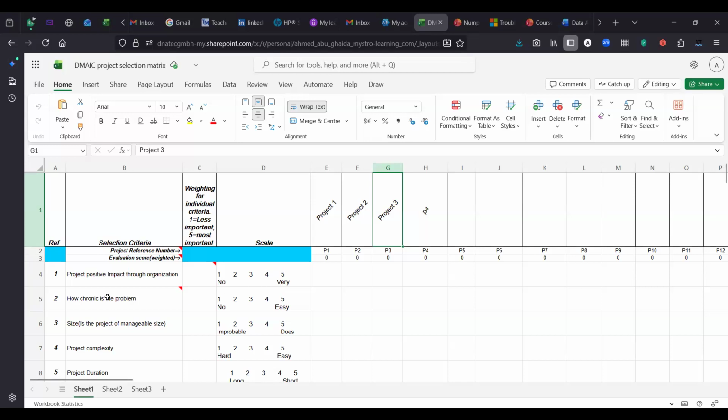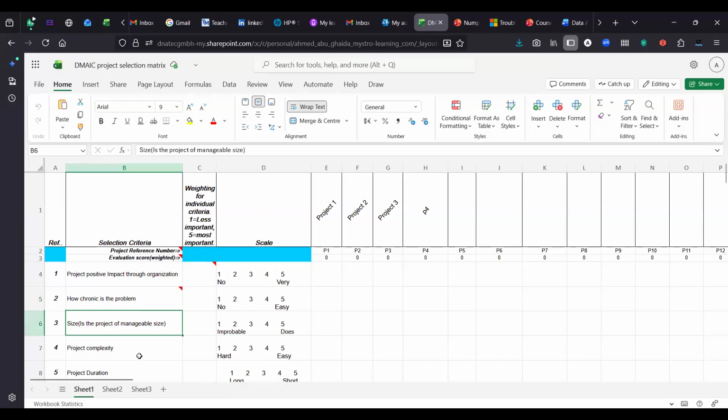So, for instance, maybe the positive impact on the organization, to what extent it's linked to the business KPIs, how chronic is the problem. Maybe the problem has been there for 1 month, another one lasts for 6 months, another one has been there for 2 years. So the level of chronicity really matters.